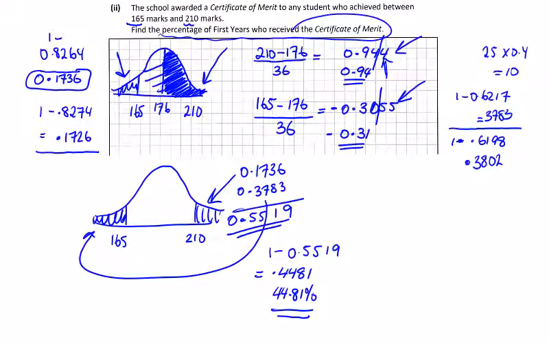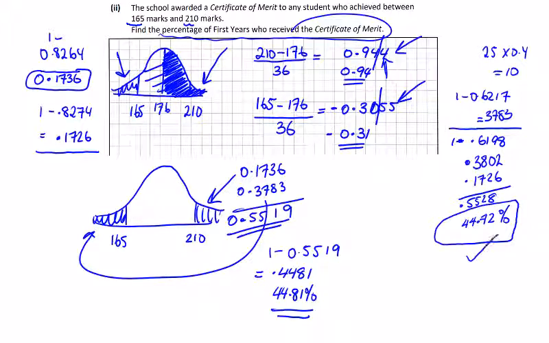And if we have 0.3802 and 0.1726, we're going to get 0.5528, which would leave 44.72% over here. So a slight difference here. 44.72% for me is the correct answer. This one over here, will they get full marks for this? I wonder. Let's see in August.